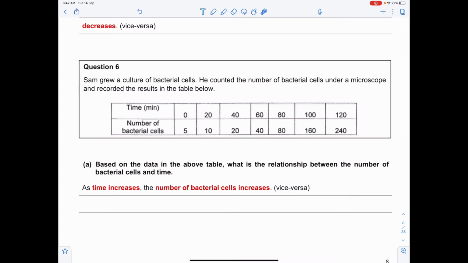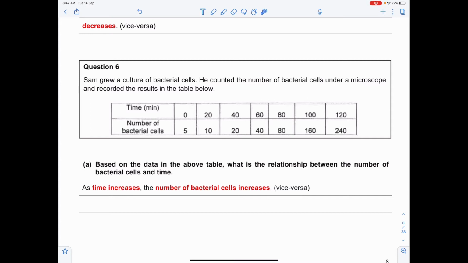Okay, next. I want to spend a little bit more time on this because this is something that many students don't quite understand. Now, experimental and control setup. A control setup is one where the variable being tested is not present.